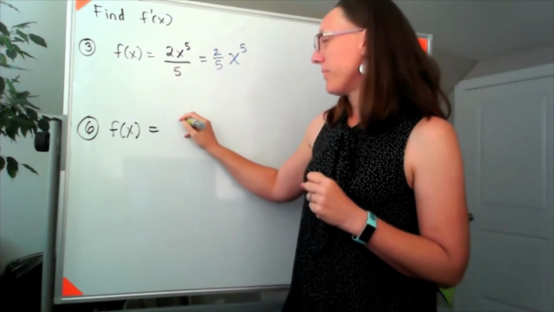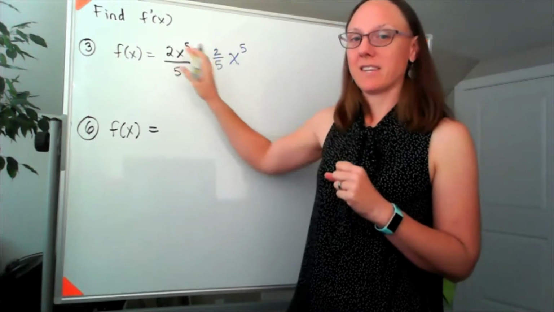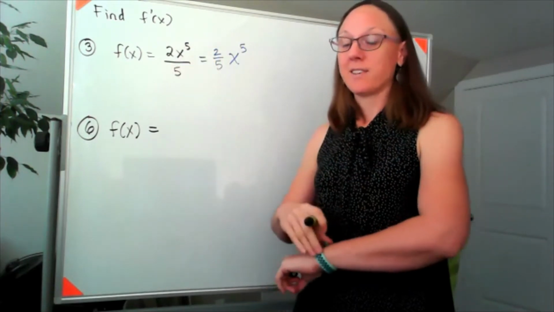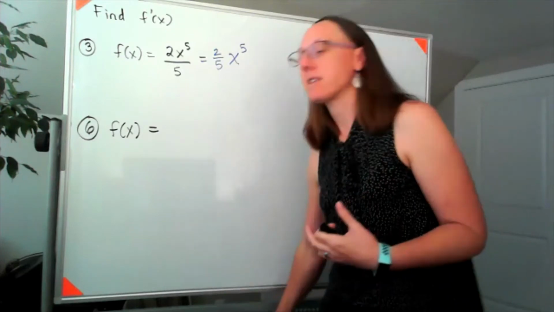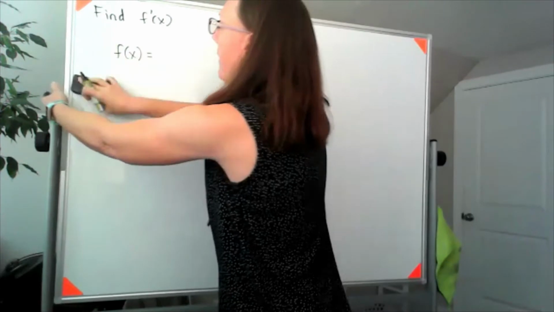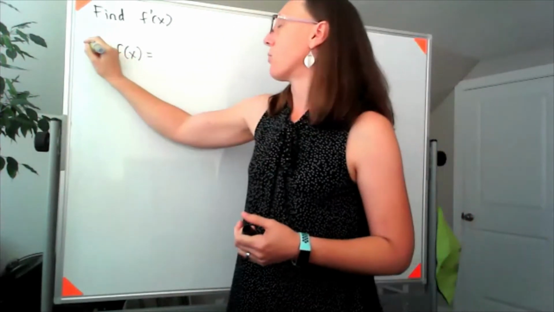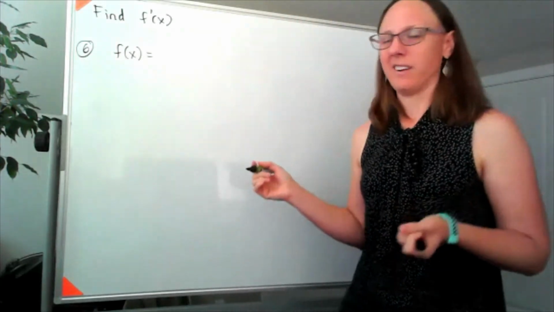Sometimes it's hard to train your brain to not see this as a quotient rule. So I'm just going to do a couple more of these where we're going to rewrite things and kind of practice recognizing when I actually need a quotient rule and when I don't.